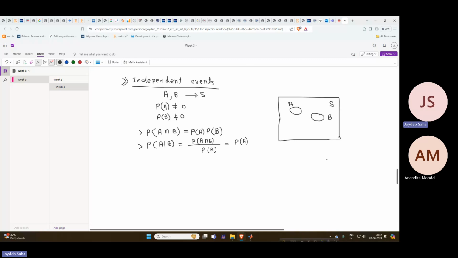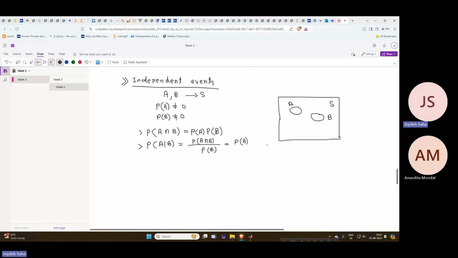If we are saying that event A is independent from event B, whatever the probability of B can be, it can be 0.1, it can be 0.9, whatever, event A is completely independent from event B. So if it is not depending upon B, then the probability of A given B will be probability of A only.